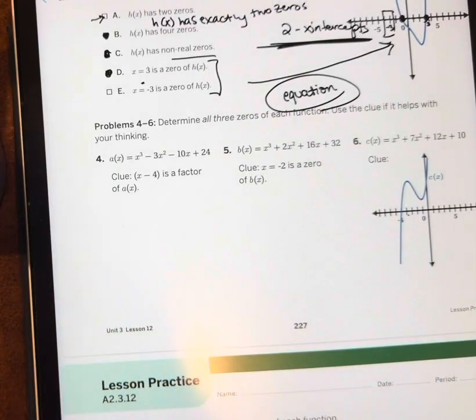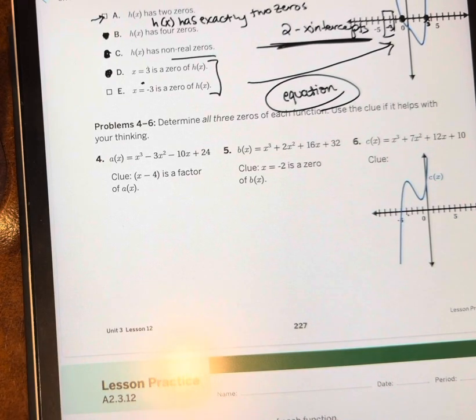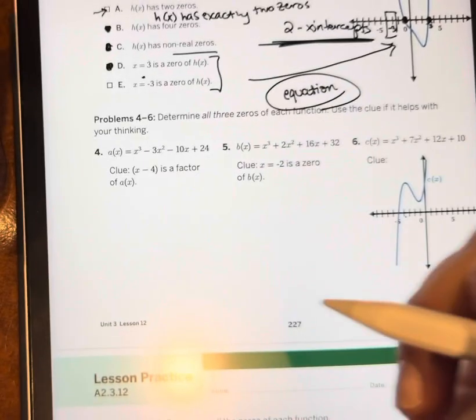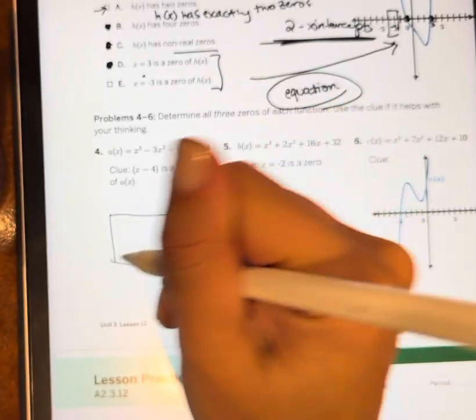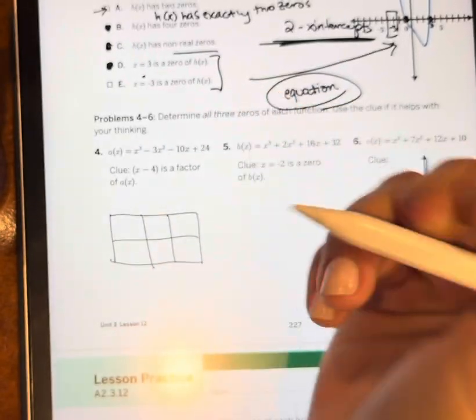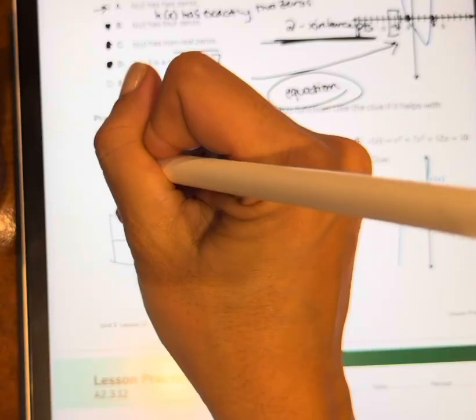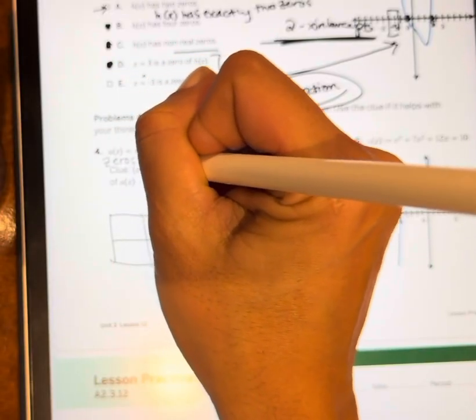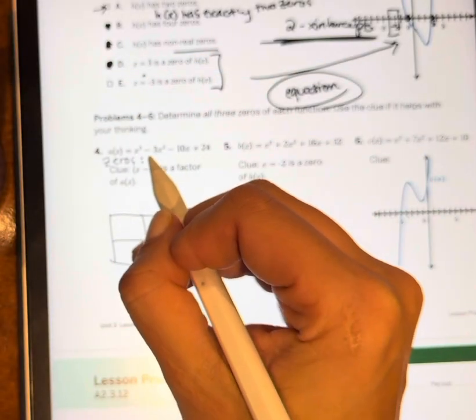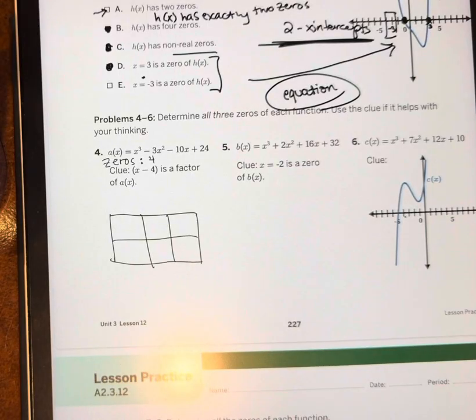Okay, let's determine all the zeros of each function. Use the clue if it helps, okay? Yeah, I'm definitely going to use the clue. Why would I not use the clue? Okay, let's find the zeros. I'm going to write it right here. And I already know one of the zeros is 4 because they told me that x minus 4 is a factor.